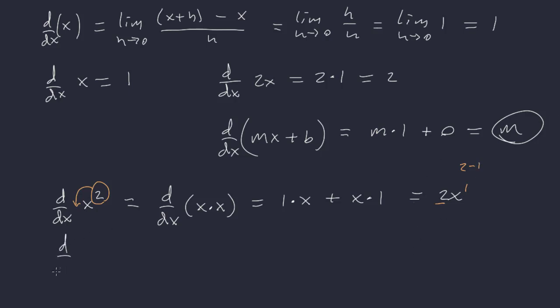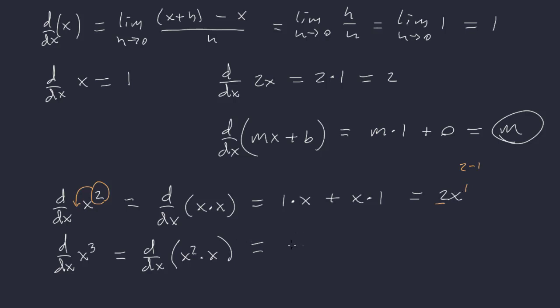Okay. How about the derivative of x cubed? Well, we can rewrite x cubed as x squared times x and use the product rule, right? Because the product rule, well, it'll be the derivative of the first, which we've just done.